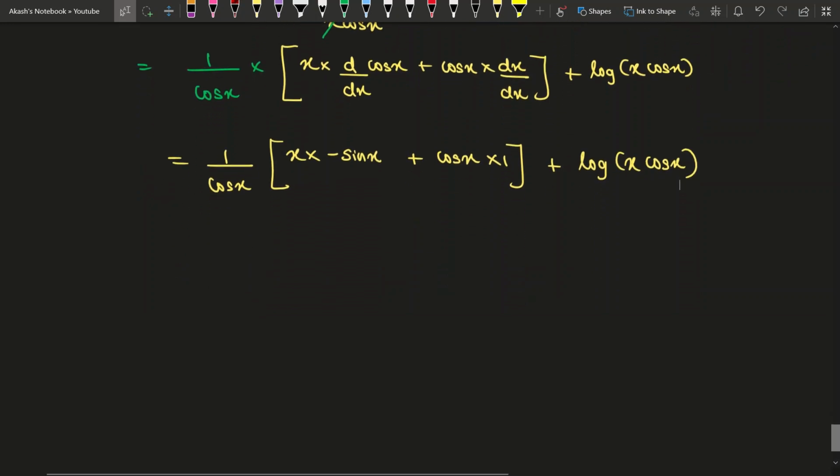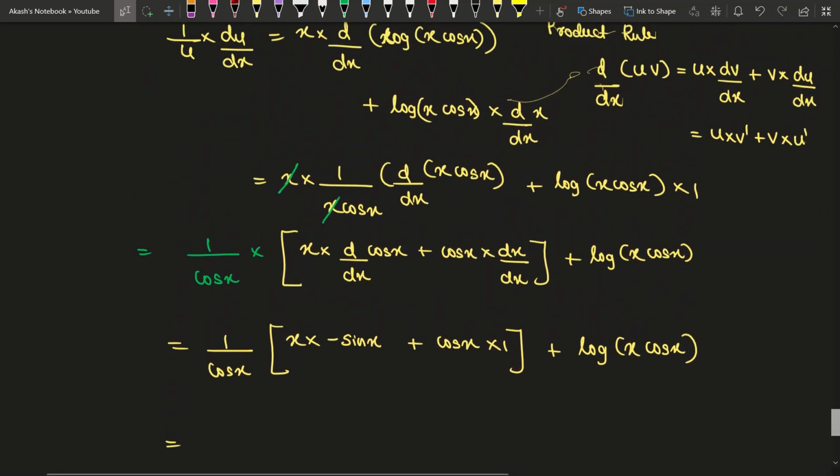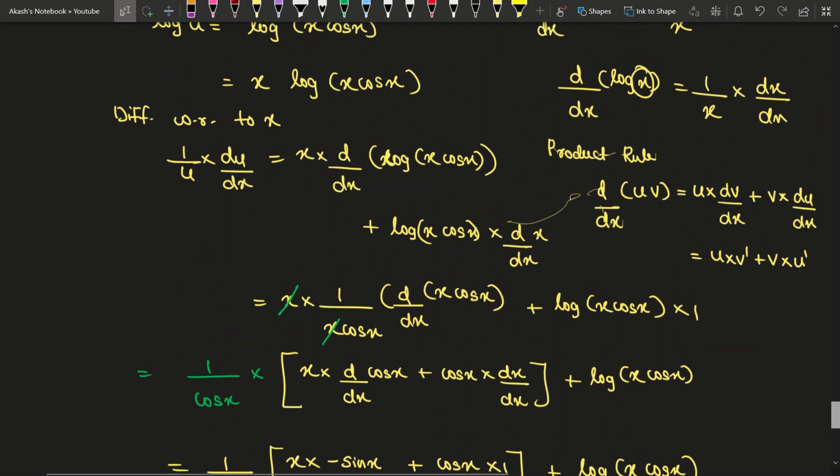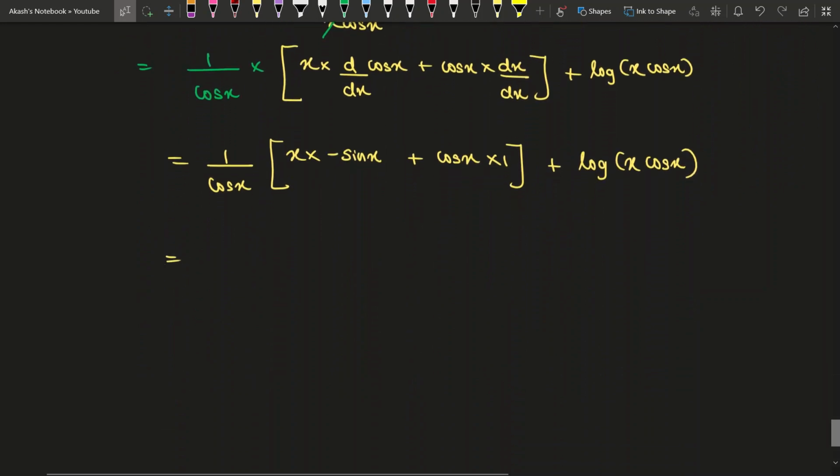So what will you get? Did we miss anything here? d by dx of logarithm of x cos x is equal to 1 by x cos x. No, nothing missed. Okay, fine.